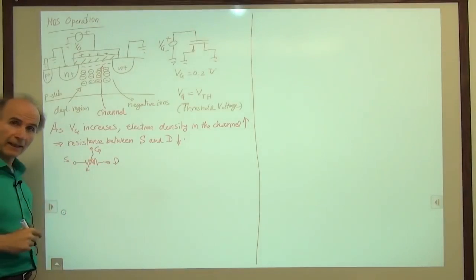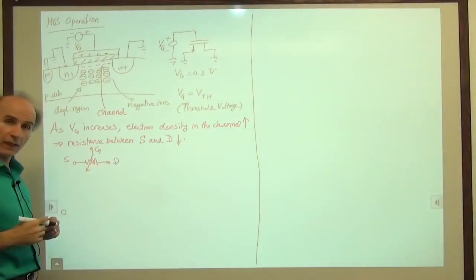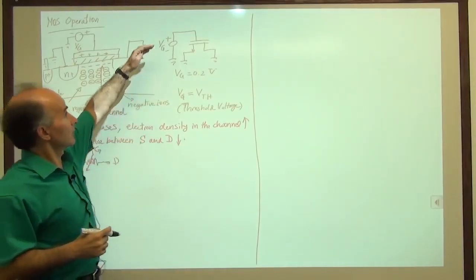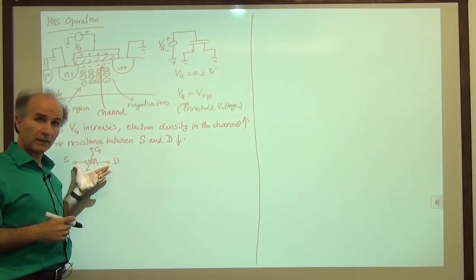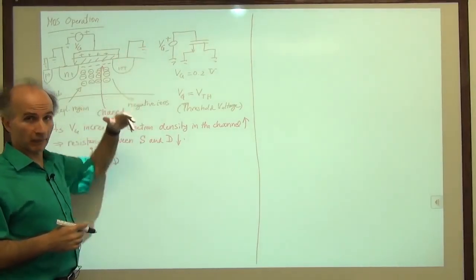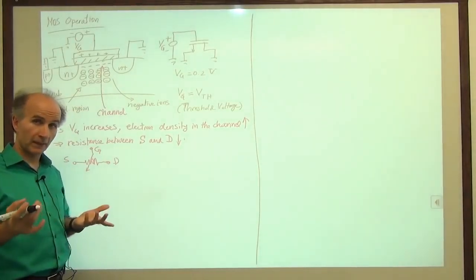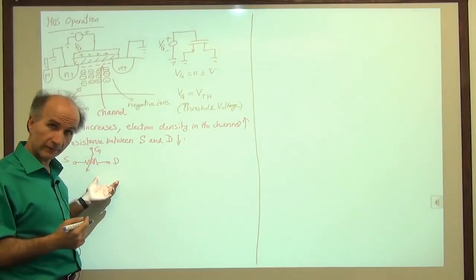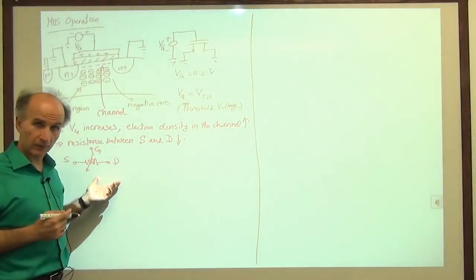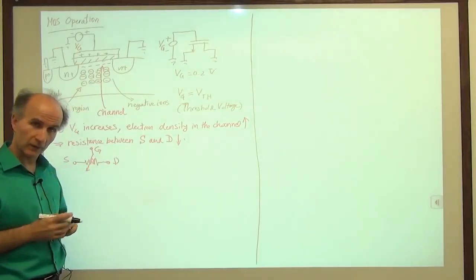And this gate can vary the resistance between the source and drain. If the gate voltage is low, we don't have that many electrons, the resistance is high. If the gate voltage is high, we have lots of electrons, the resistance is low. So that's a very useful device. This is called a voltage-controlled resistor or voltage-dependent resistor. A little different from a voltage-controlled current source, but we'll get there, don't worry.